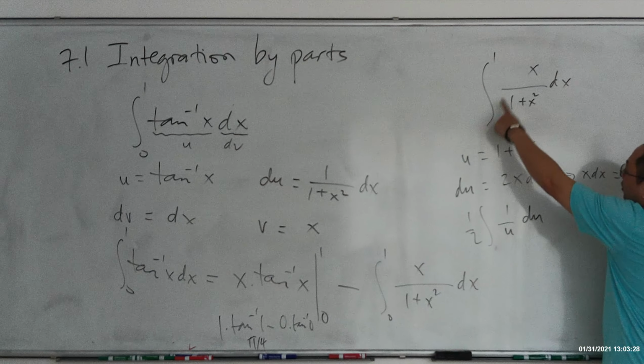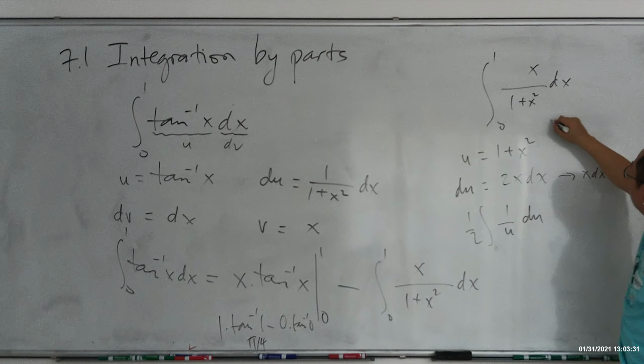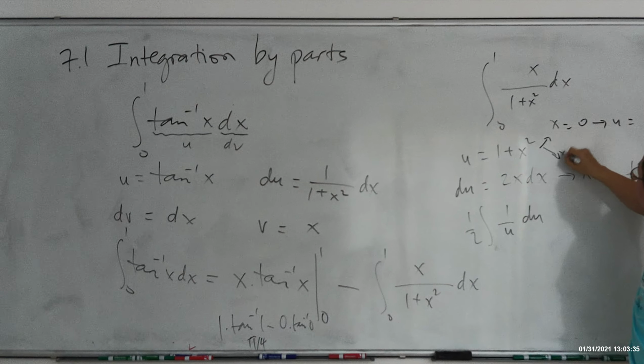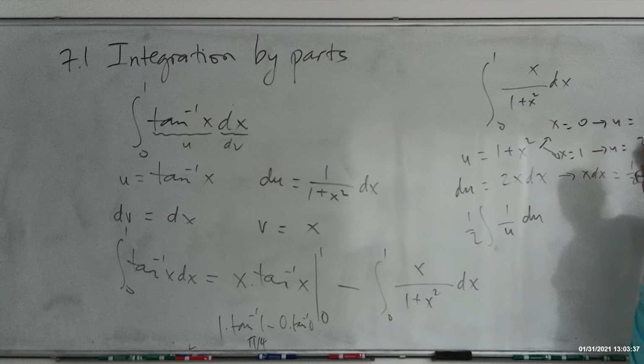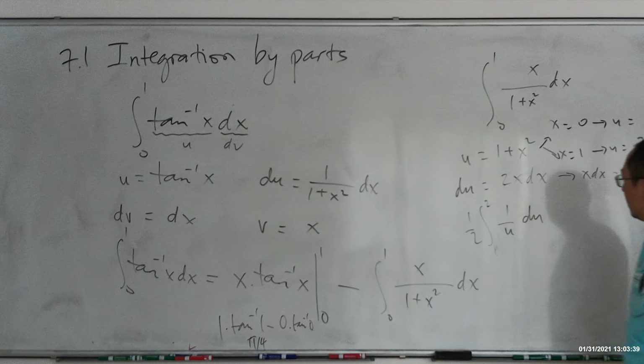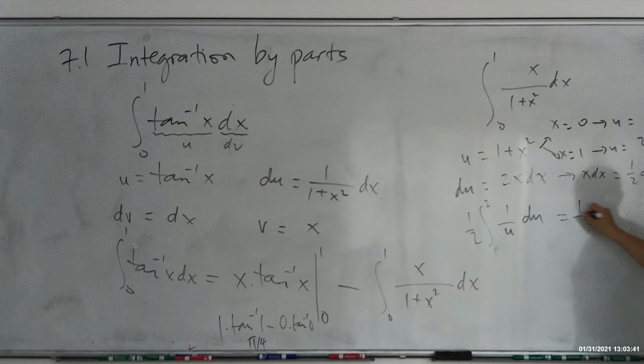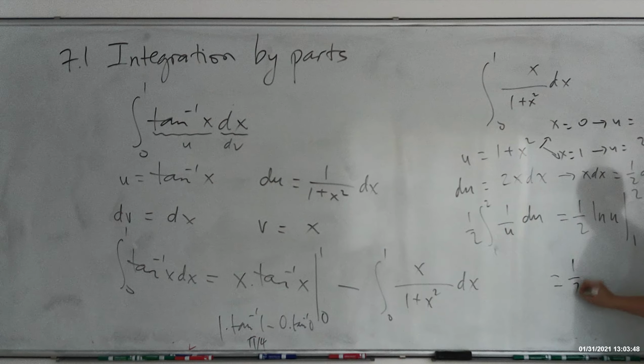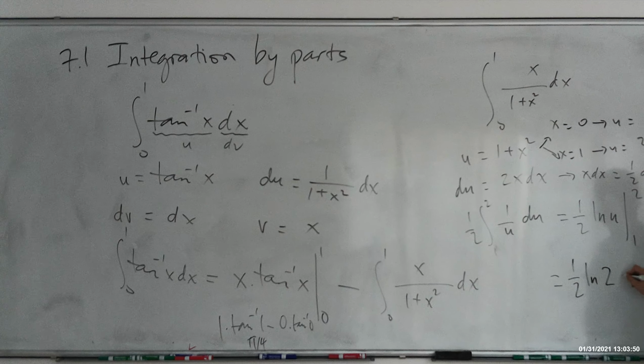Now we have to change the boundary as well. x runs from 0 to 1: x equal to 0 gives u equal to 1, and x equal to 1 gives u equal to 2. So the integral from 1 to 2, this is 1/2 ln of u running from 1 to 2. This is 1/2 ln of 2 minus 1/2 ln of 1. ln of 1 is 0.